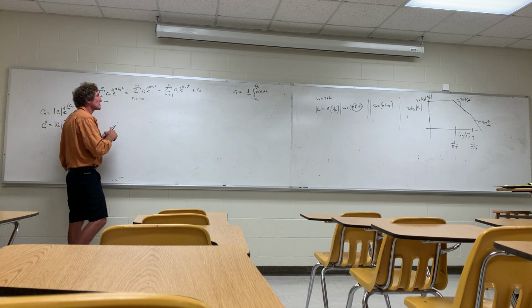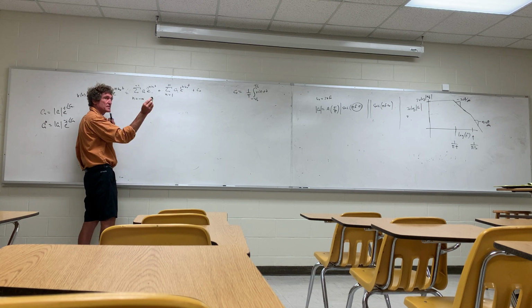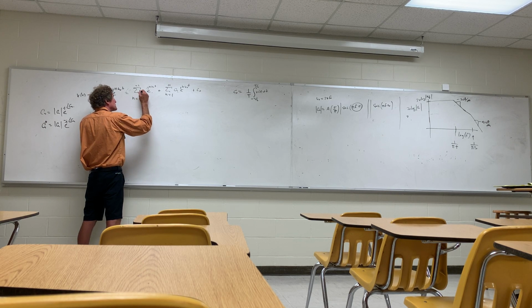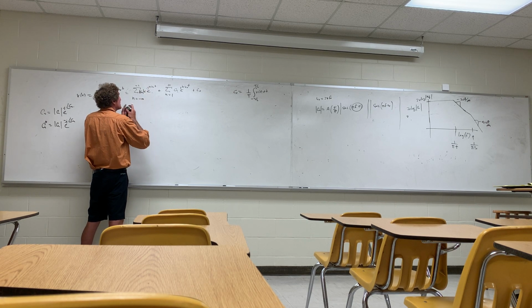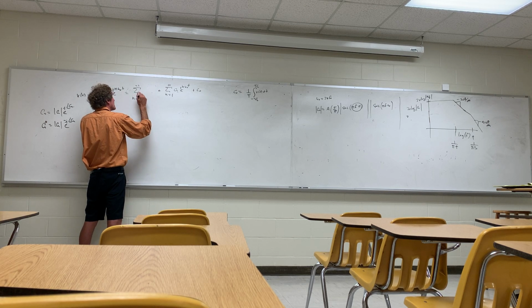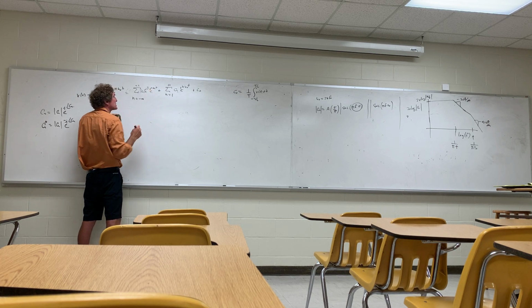Okay, now I come down here and I start manipulating this thing to get what I want. Remember, C of n here has a magnitude and an angle. I'll tell you the final formula right now. So that becomes a magnitude of C of n e to the j angle of C of n, and then it's going to be times e to the j n omega naught t as such.